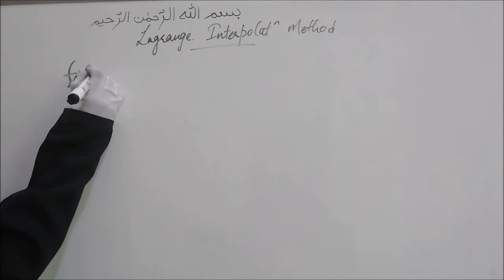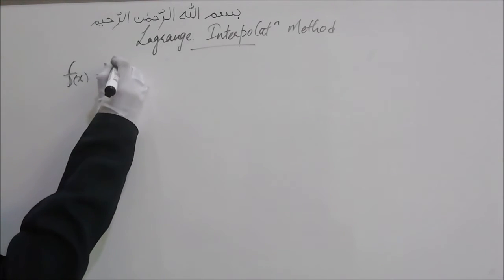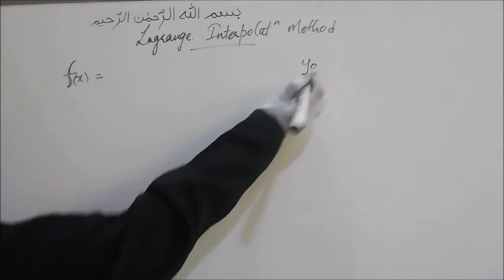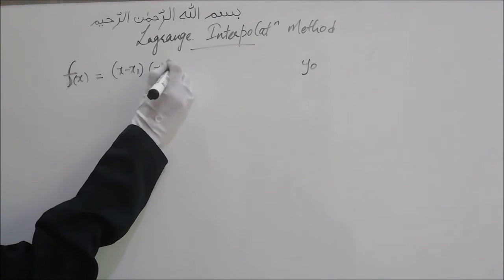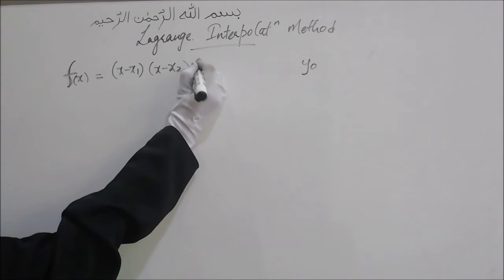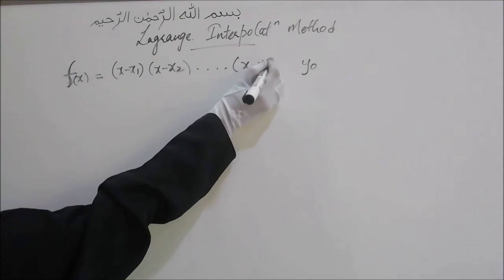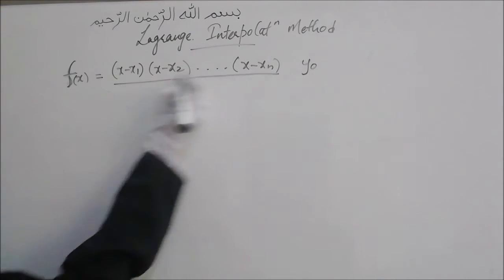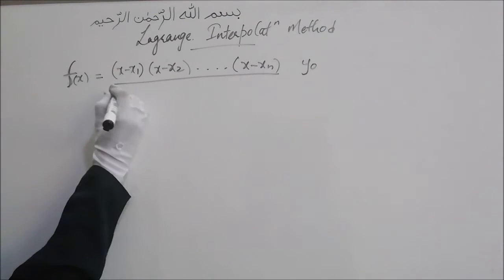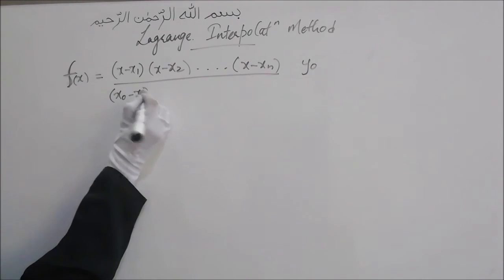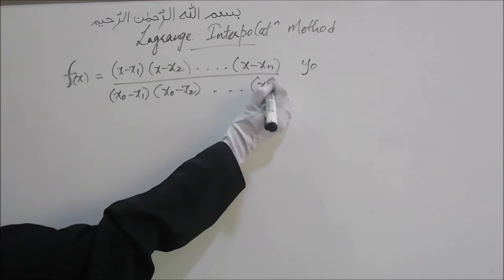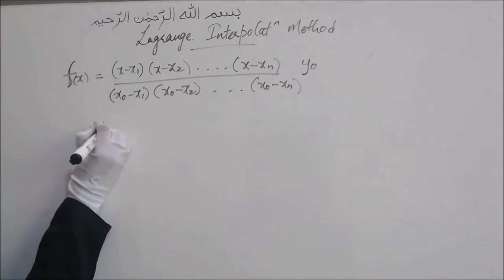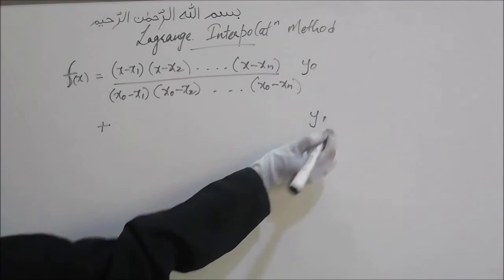So f of x will be equal to, let's say my first term is y0. So I'll have x minus x1, x minus x2, I'll not take the x0 term, up to x minus xn, divided by, since my first term is y0, x0 minus x1, x0 minus x2 up to x0 minus xn, plus let's say my second term is y1.